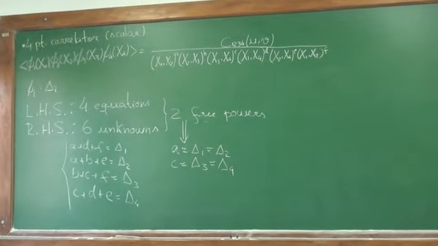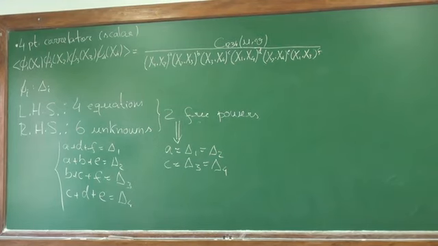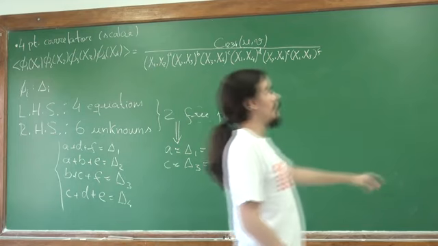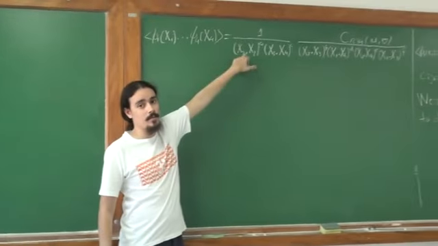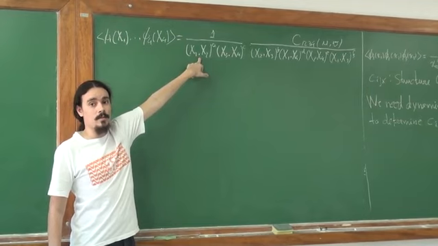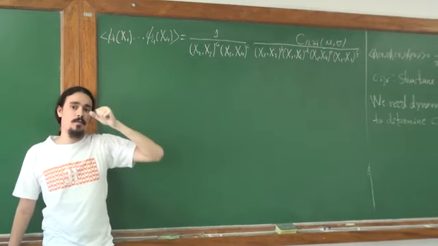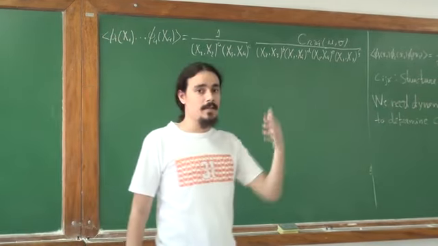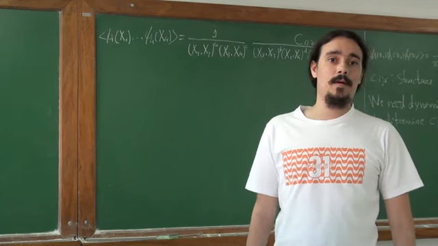I understand why you can say that A and C are equal to delta 1 and delta 3. But why is delta 1 equal to delta 2? Because if it was not, I wouldn't have a rotation invariant here. I wouldn't be able to have constructed this rotation invariant. Okay? It's the same argument that I gave on the 2-point function, when I said delta 1 must be equal to delta 2. It's the same reason.